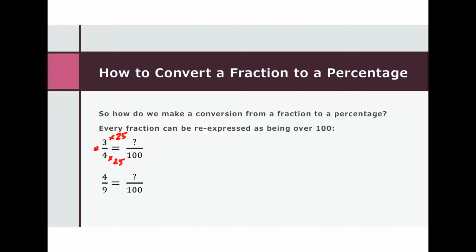Because if I'm multiplying by 25 over 25, I'm really multiplying by 1, and anything times 1 is still equal to its original value, right? 5 times 1 is still equal to 5. So 3/4 times 25 on both the top and the bottom is the same as going 3/4 times 1. So I know I'm not changing its value, and so this would give me 75 out of 100.